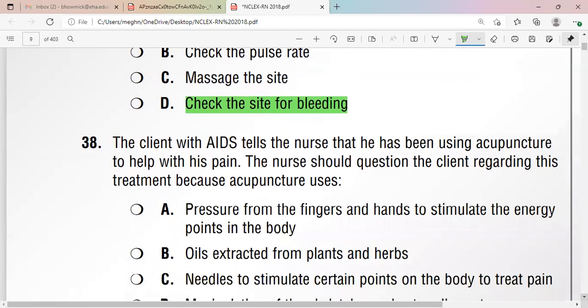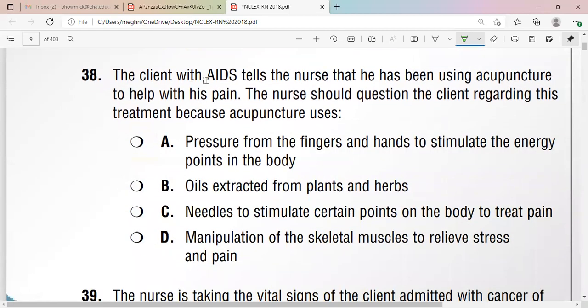And the next question goes: the client with AIDS tells the nurse that he has been using acupuncture to help with his pain. The nurse should question the client regarding this treatment because acupuncture uses what?